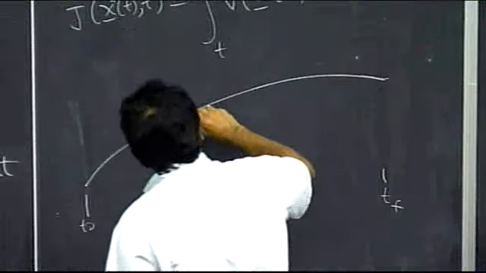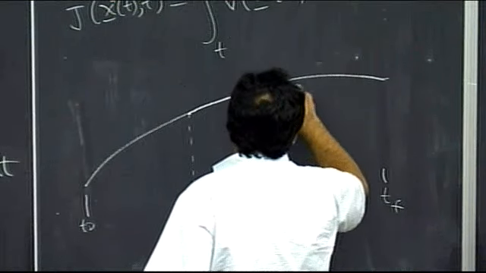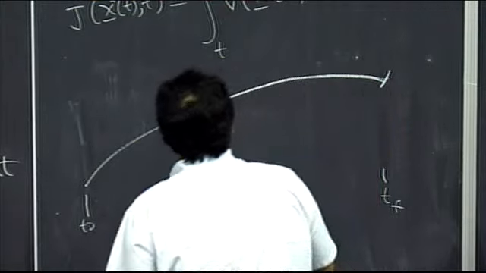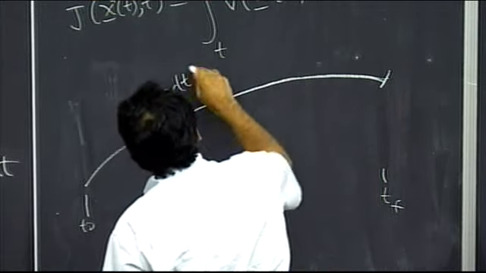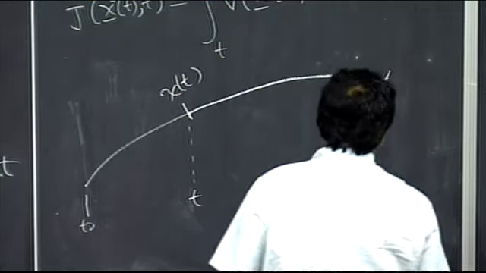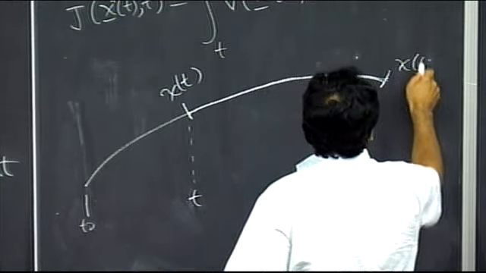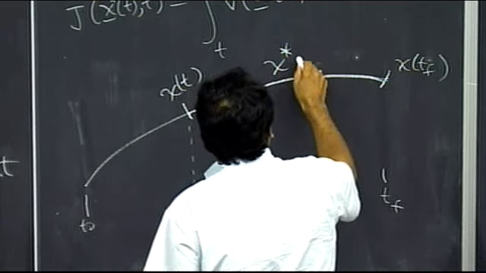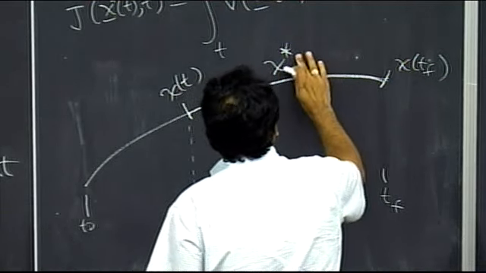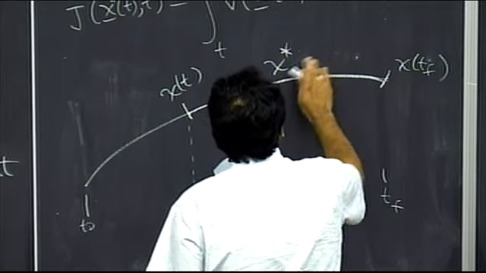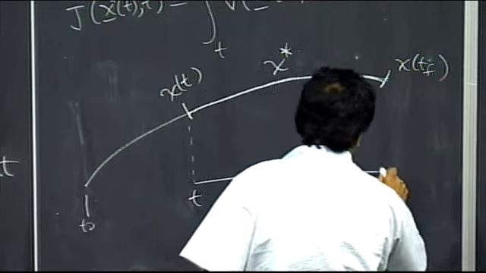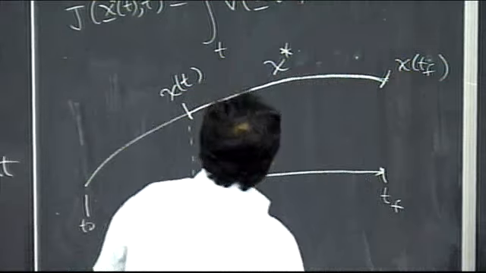I'm generating the optimal trajectory that takes me along this part of the trajectory, so this is x of t, and this is the final value, x of tf. So what I have here is x star, which takes me from capital T to tf. I'll denote it that way.